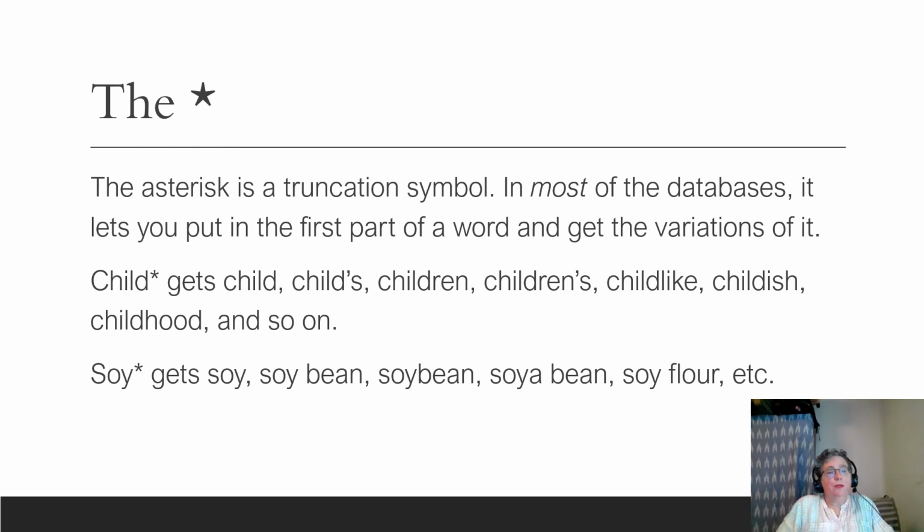But the asterisk is a truncation symbol, and usually what that means is when you put in the stem of the word and the asterisk, you'll get the stem of the word with its various possible endings. So you can see some of these variations.